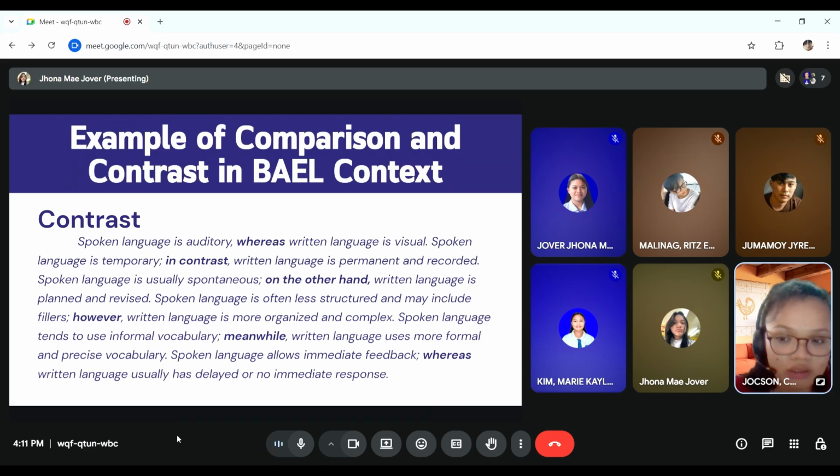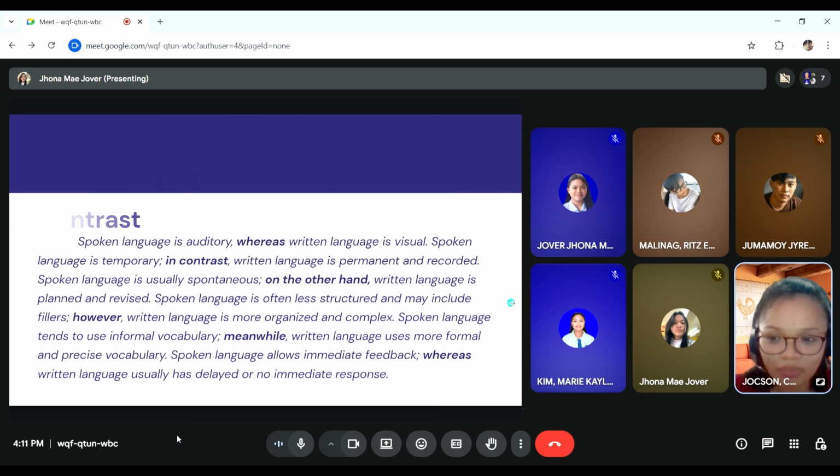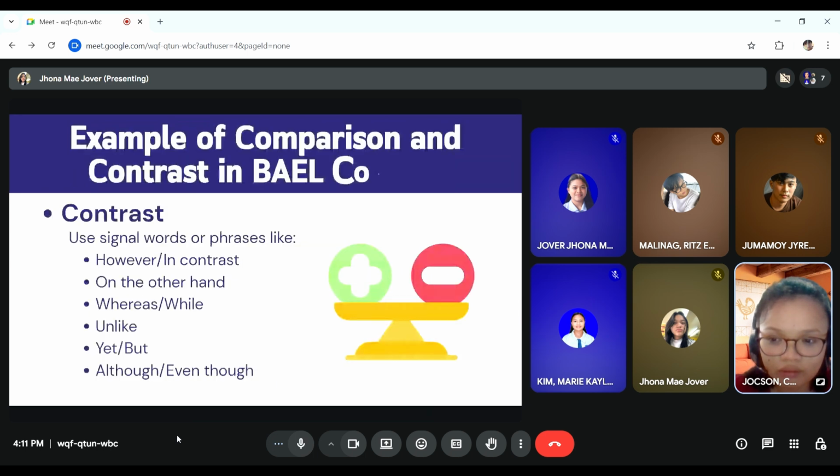So on the next slide, please. Okay. So here are the different signal words or phrases that we used in the previous paragraph. So we have however or in contrast. We also have on the other hand, whereas or while, unlike, yet or but, and although or even though.